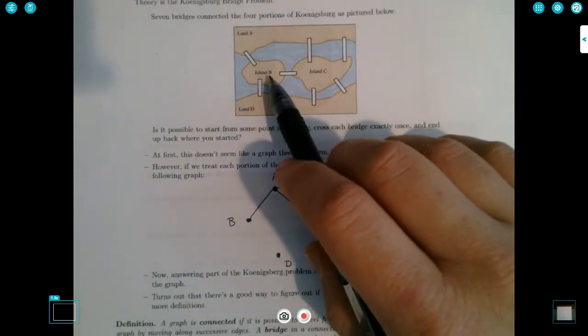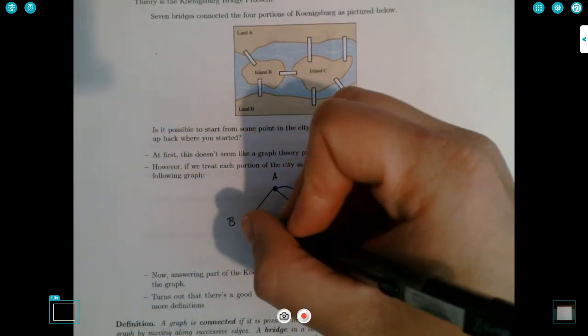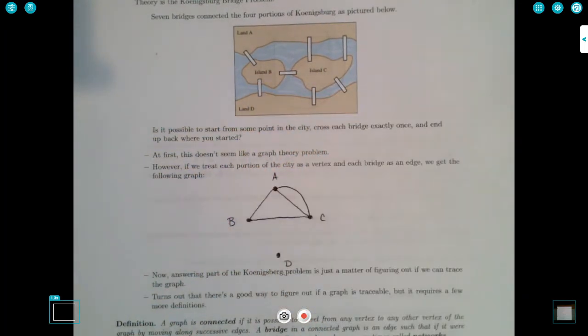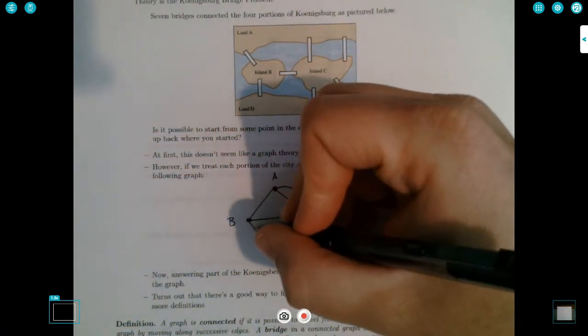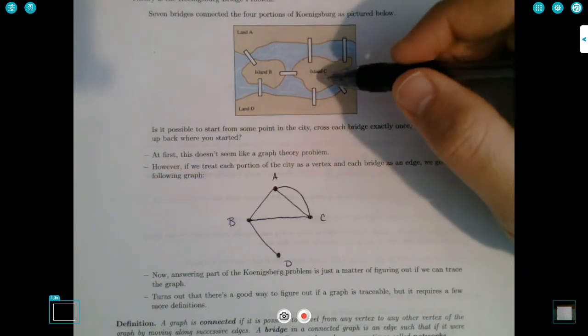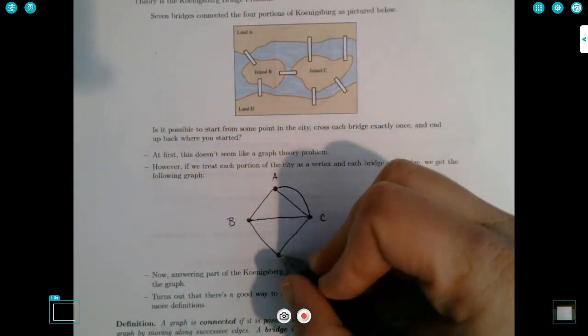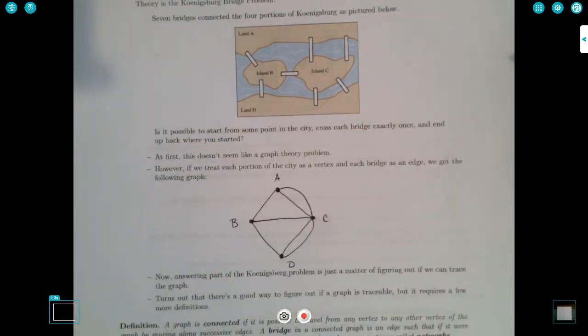Then we need a bridge joining B and C together. Then we need a bridge joining B and D. And then two bridges joining C and D. That's the graph that we would get out of that.